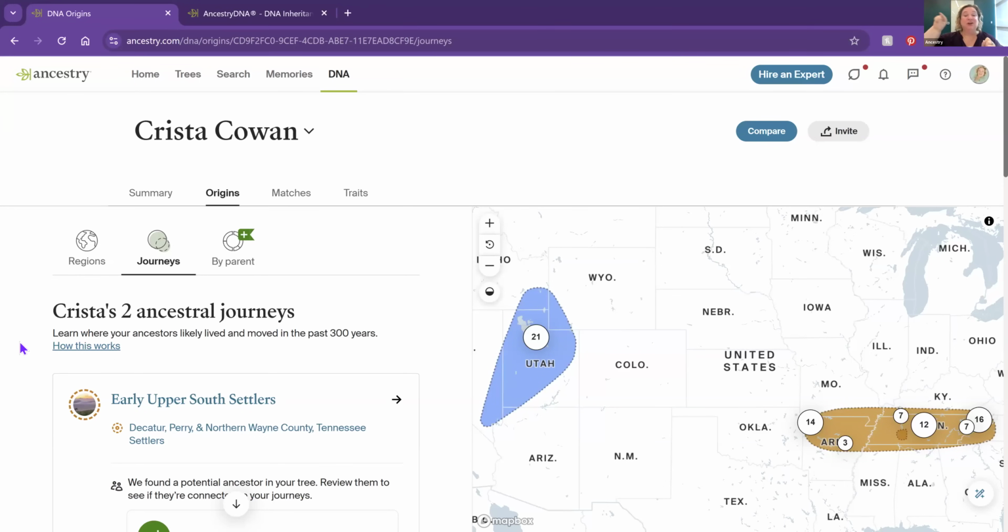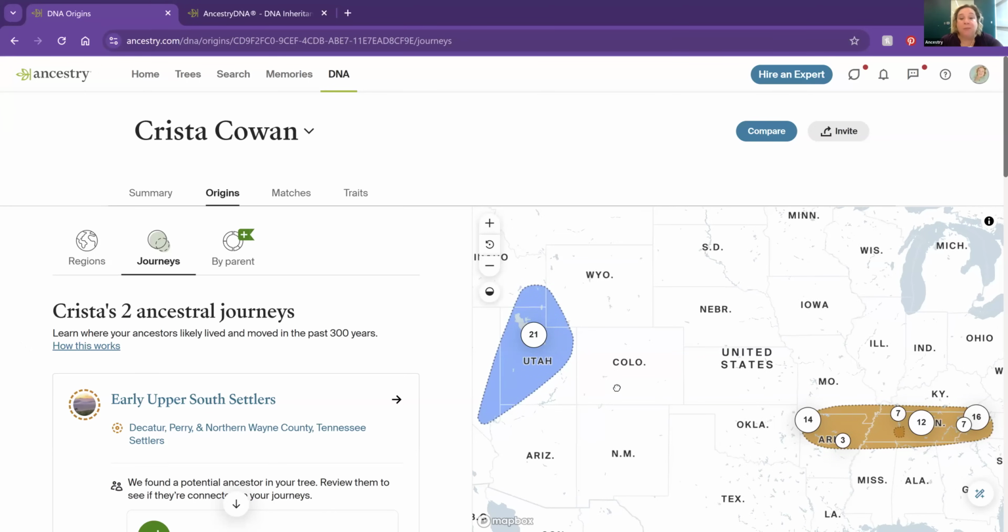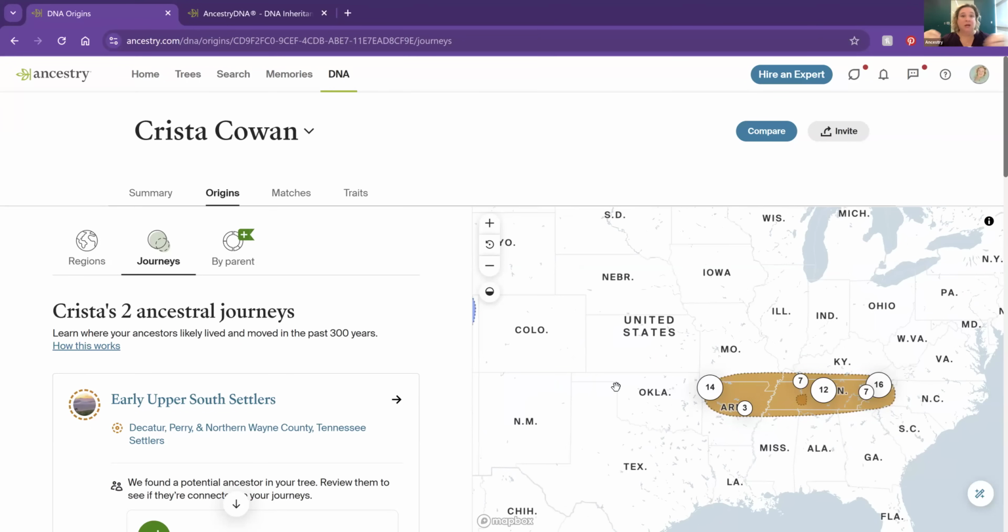And your family may never have left, but part of the family took that journey. And so you have a lot of DNA matches that connect you to that place. So that's another way that these journeys show up. So I'm just going to show you mine and talk through those. But I hope that what you're doing is on your phone or your tablet or another computer screen while you're listening in, you're walking through your own results and diving into them a little bit.